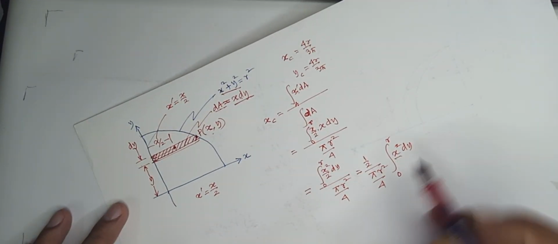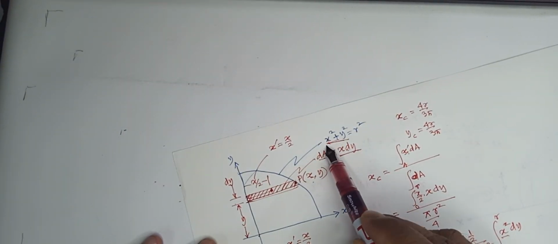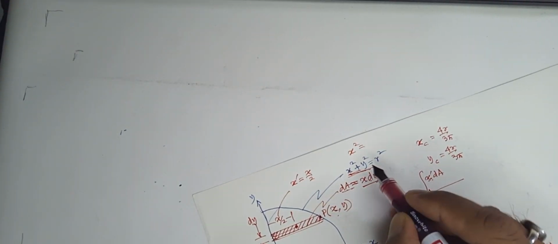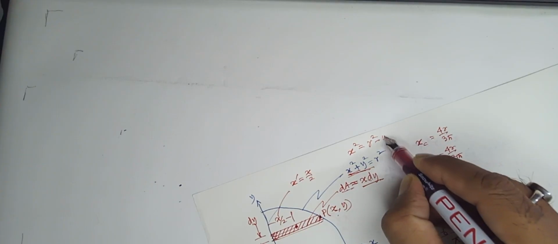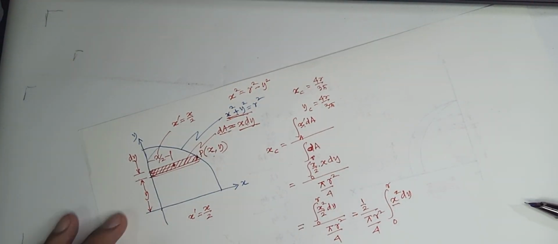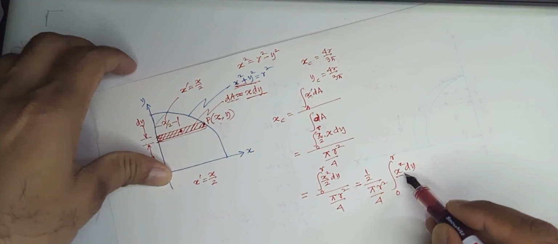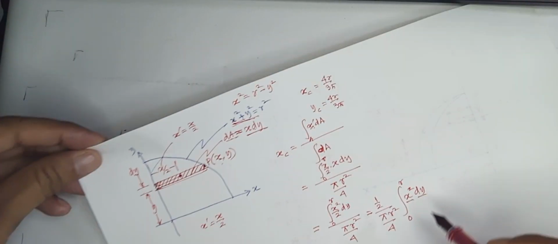Now I know what x square is. From this relation, you can write x square is equal to r square minus y square. I guess you can follow. Next, I will replace x in terms of y because the integration variable is y.